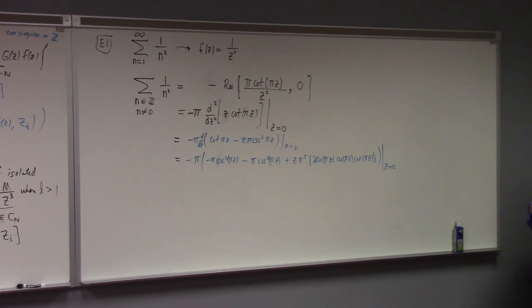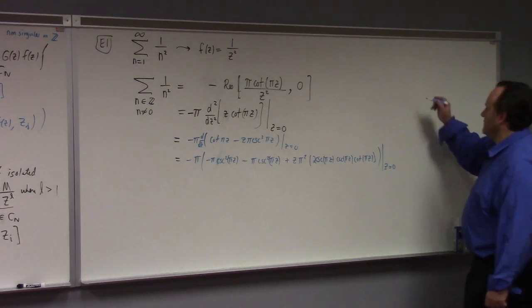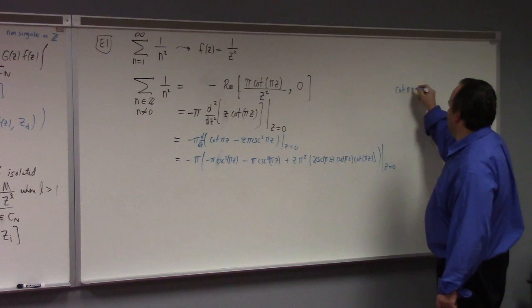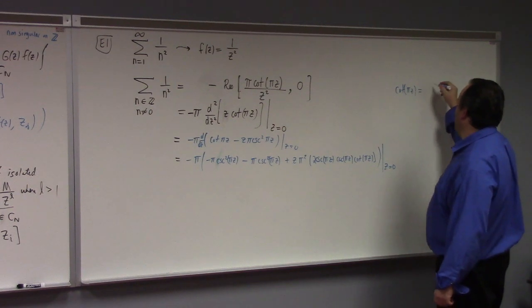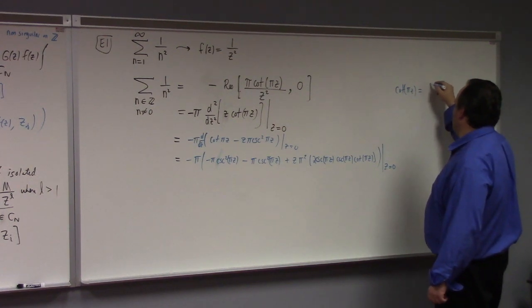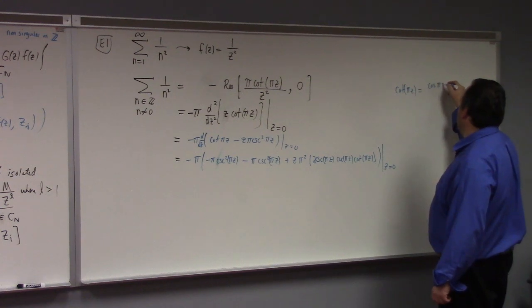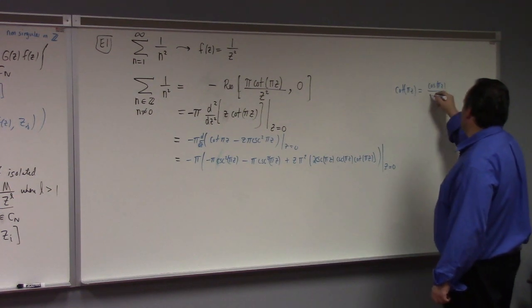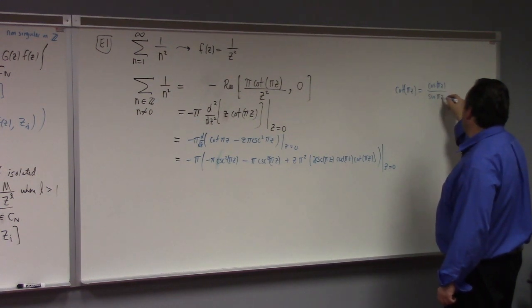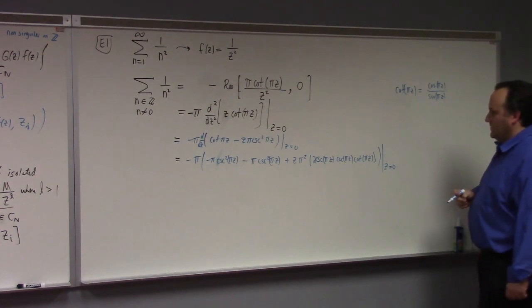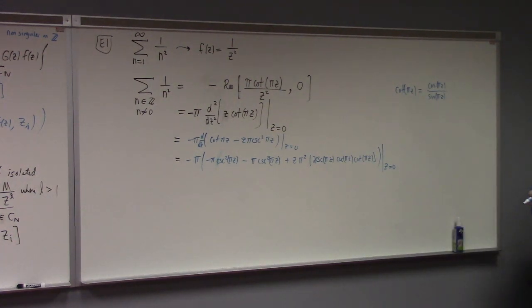Now, technically, we're supposed to take the limit, I think, as z goes to 0. I need to remind myself what cotangent is. Cosine pi z over sine pi z. Okay, so cotangent of 0 is not defined. Cosecant of 0 is not defined.